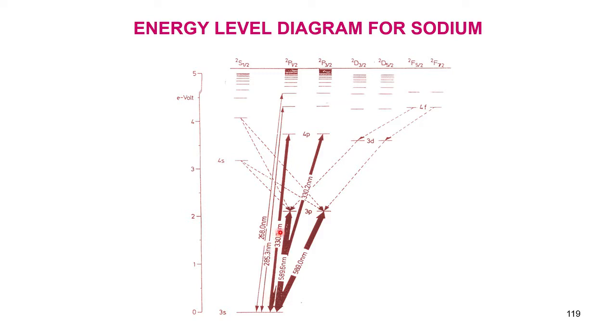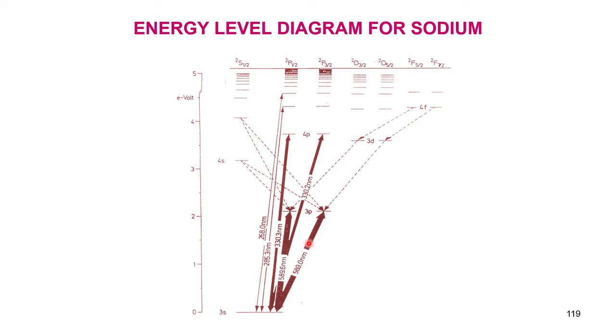Next is 330.3, as less energy is supplied, and then there is another one at 330.2, and then 589.6, that is around 2 electron volts, and if it goes to 3p, that is also approximately the same, that is 589.0.